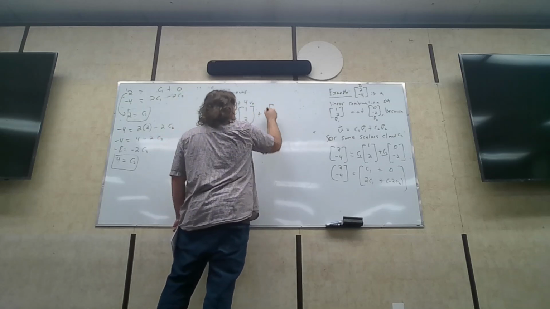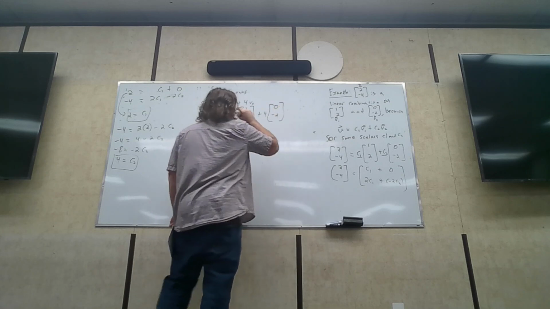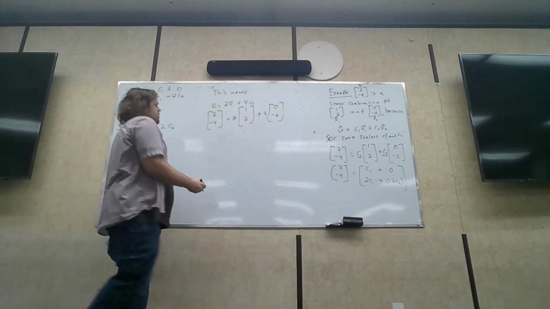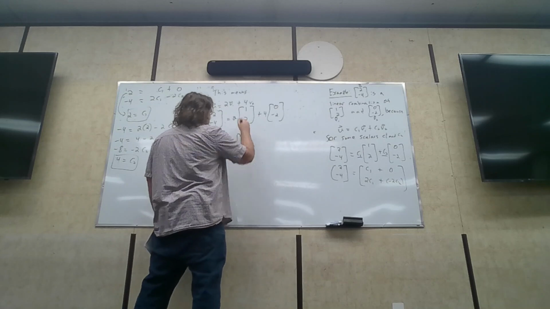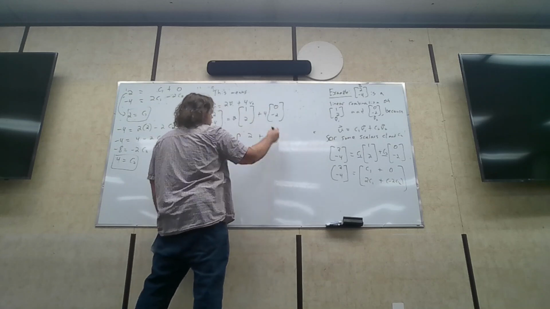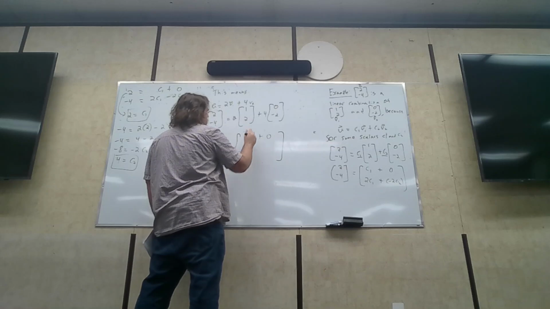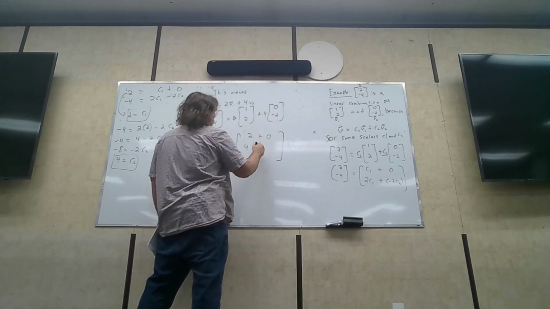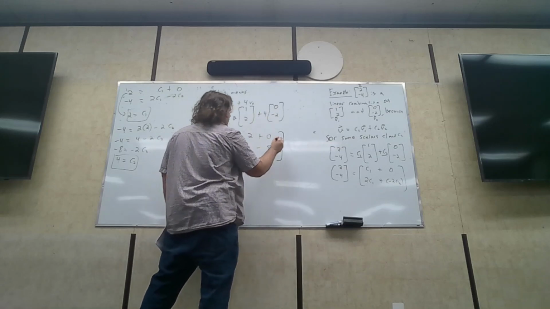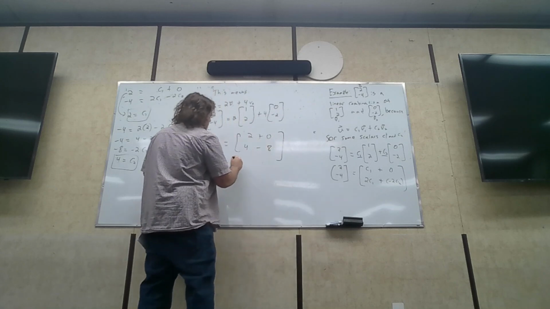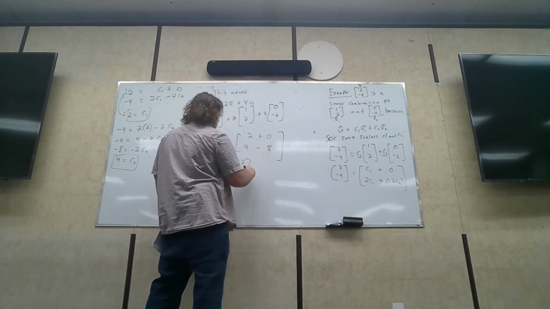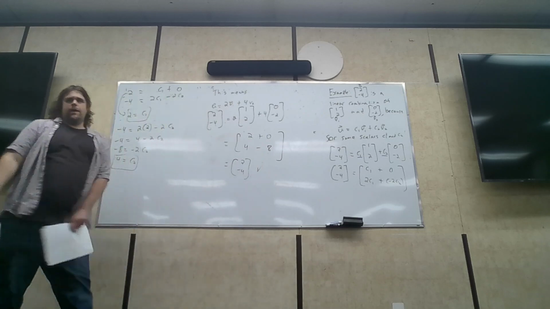Plus 4 times 0, minus 2. Well, the first one is good because this is going to be 2 plus 0. All right, good, matches. And this is going to be 2 times 2, which is 4, plus minus 4 times 2, which is 8. So 2, minus 4, which is what we wanted.